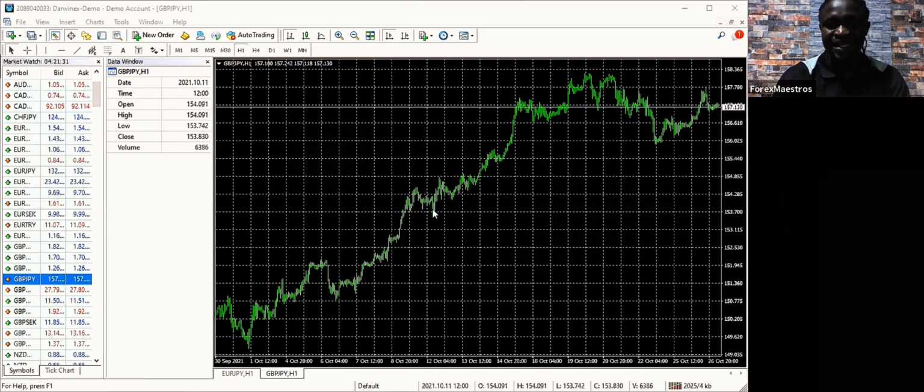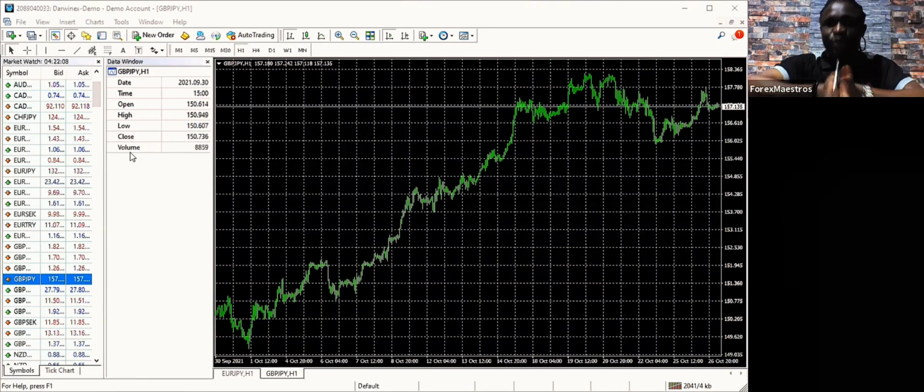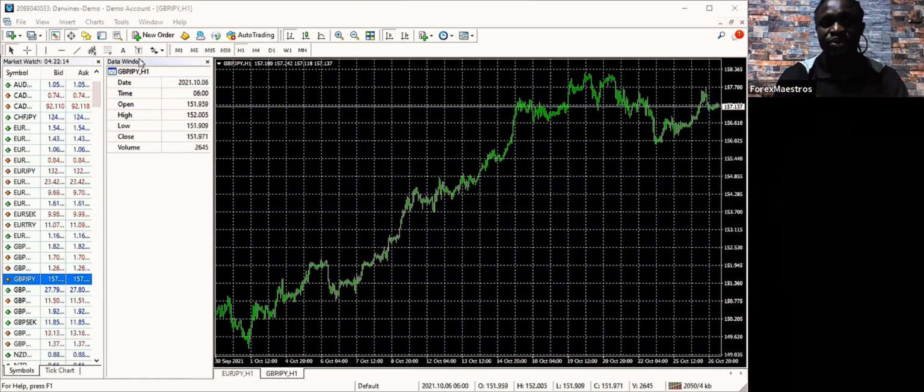For each of these ticks you see here, you have the date that candlestick was formed, the time it was formed, the open price, the highest price it got to, the lowest it got to, the price it closed at, and the volume, how many people at that particular time were on that particular candle. So that's what your data window is for.